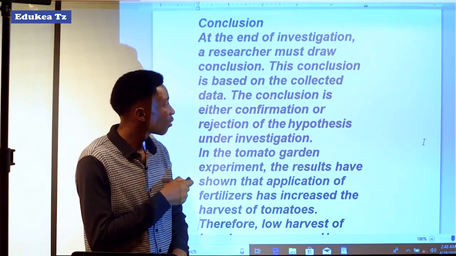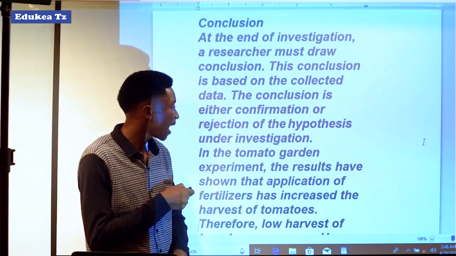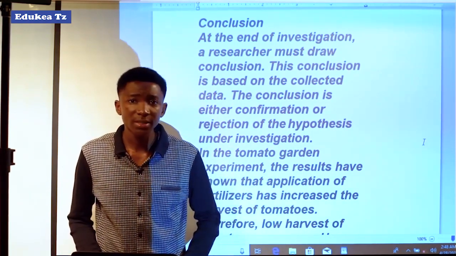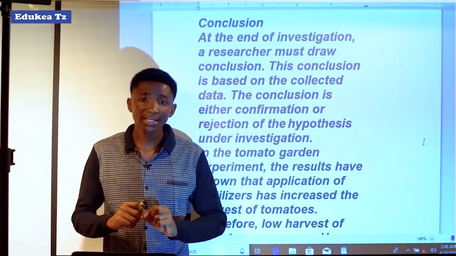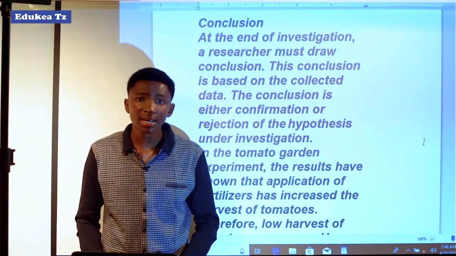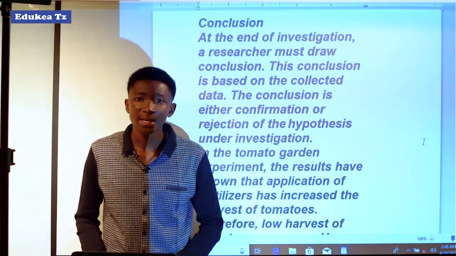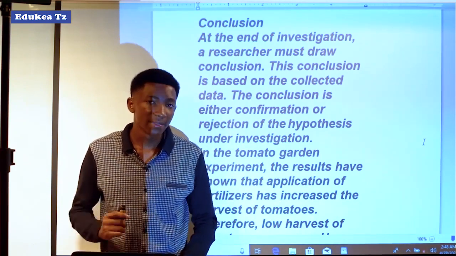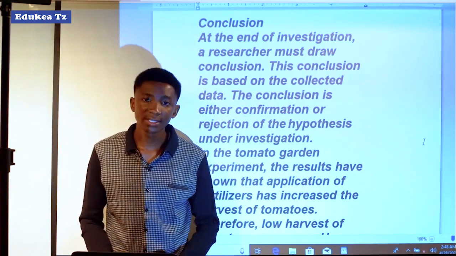We say the conclusion is either confirmation or rejection of the hypothesis under investigation. As we say, a hypothesis is the explanation or assumption that someone makes, that this problem can be caused by this thing.